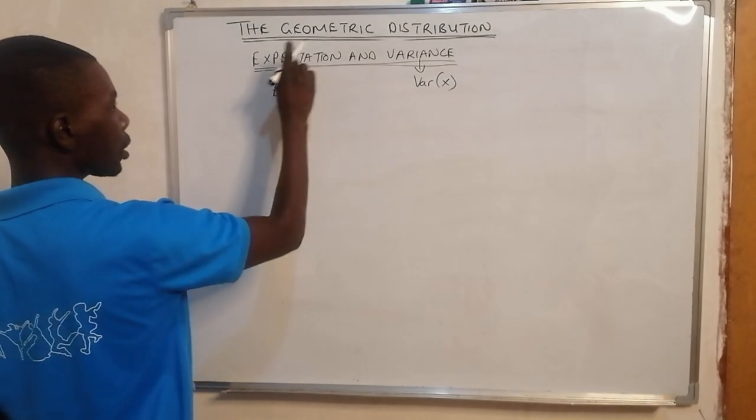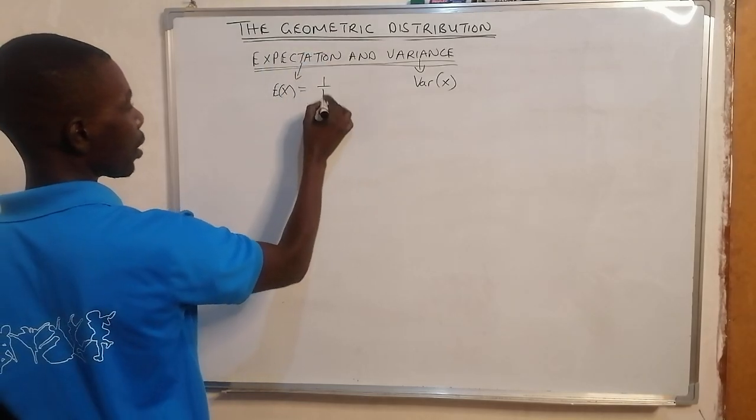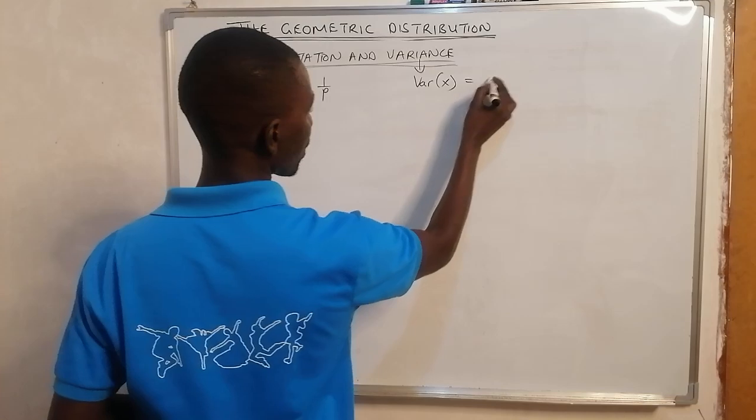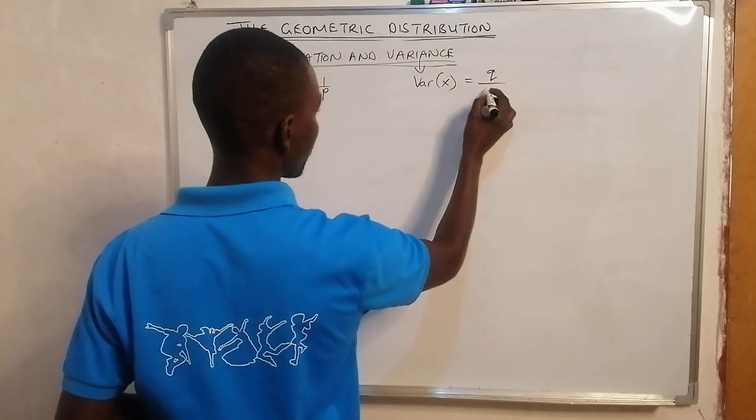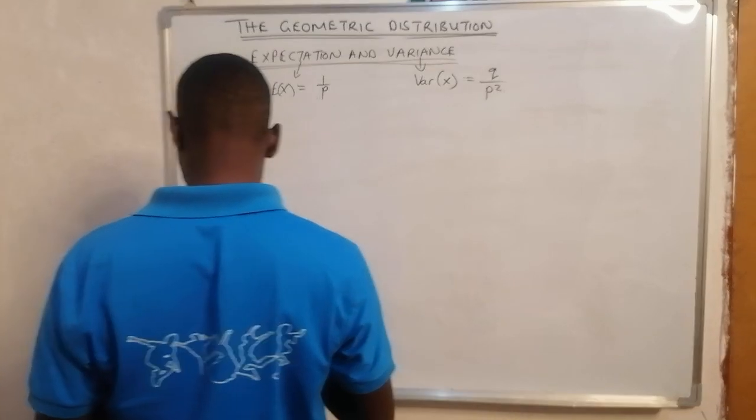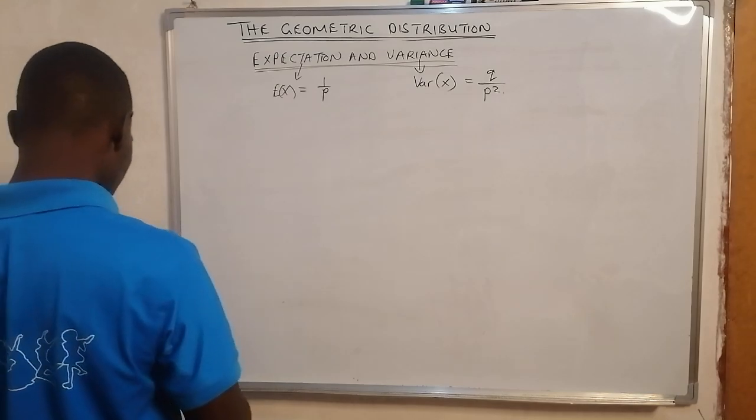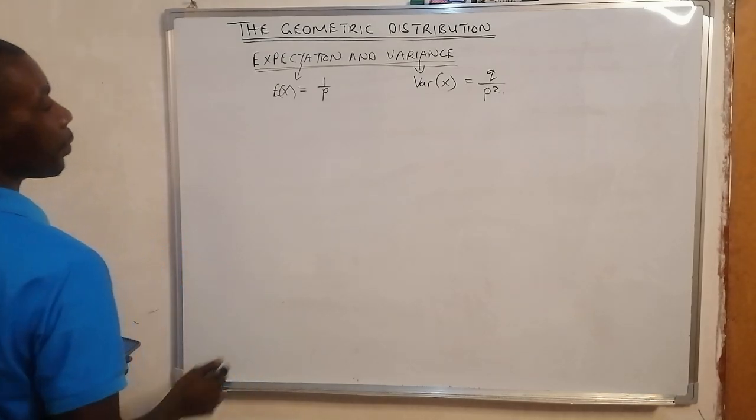Expectation of geometric distribution is given by 1 over p, and variance is given as q over p squared. These are the formulas for expectation and variance.